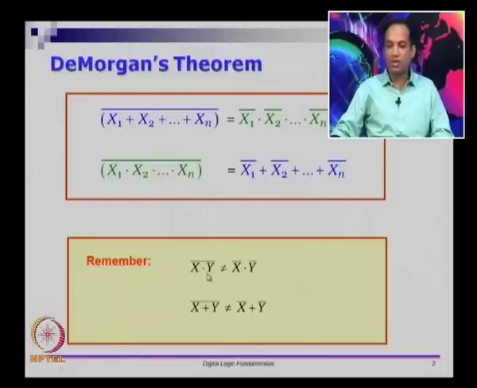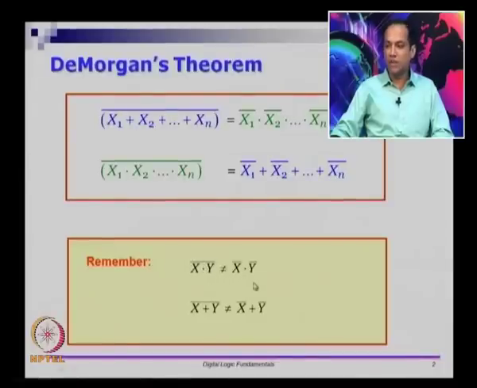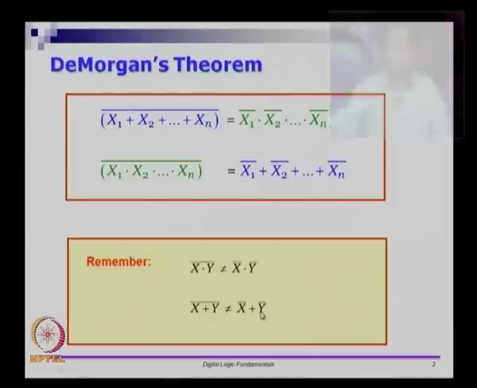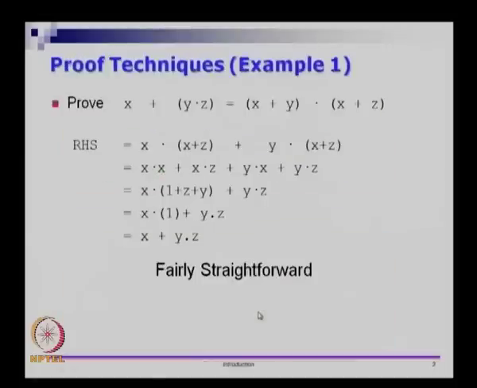If I have two terms of the form x and y, and if I have x and y, if I take the complement of that, it is not the same as the and of the complements. So, complement of the and is not the same as and of the complements. Similarly, complement of the or is not the same as logical OR of the complements. So, keep this in mind, because this is a common and usual mistake that people do. So, keep this in mind, however.